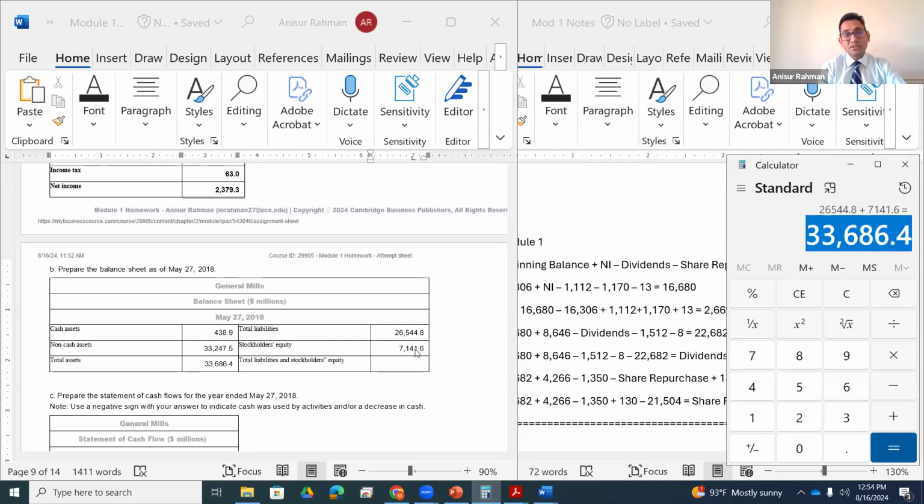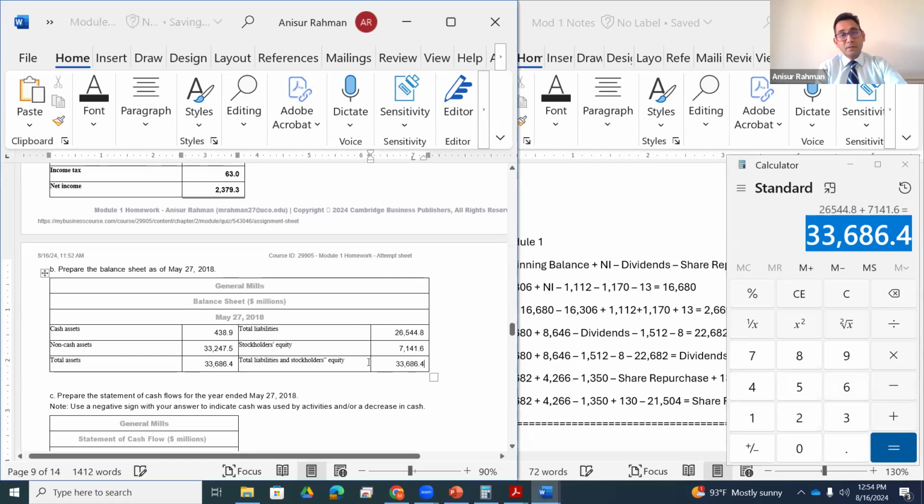That should make sense because the total assets should always equal total liabilities and the stockholders' equity. To get done with balance sheet.